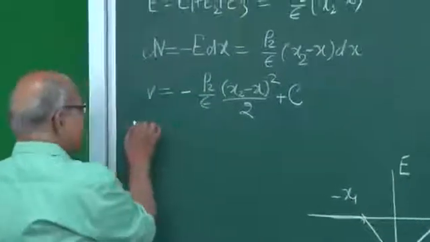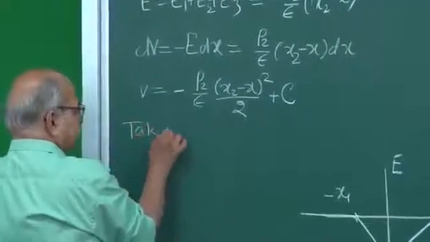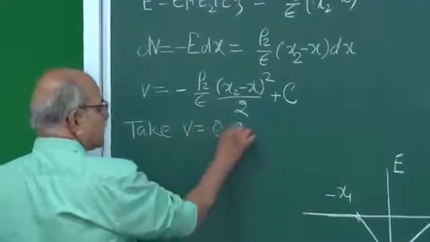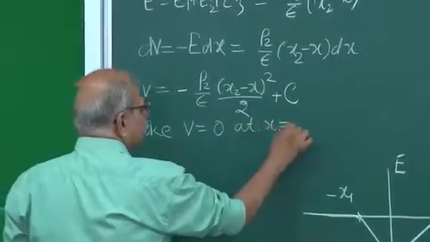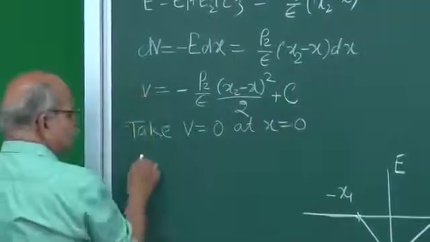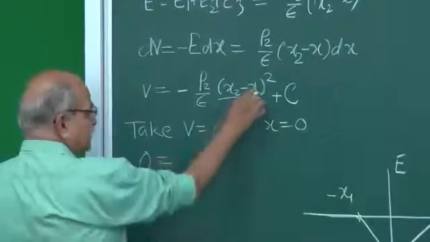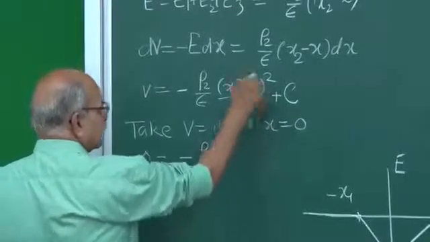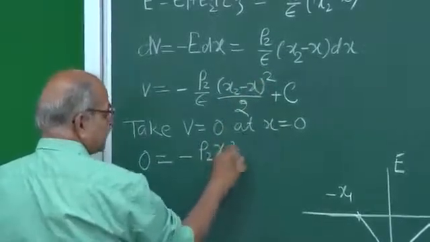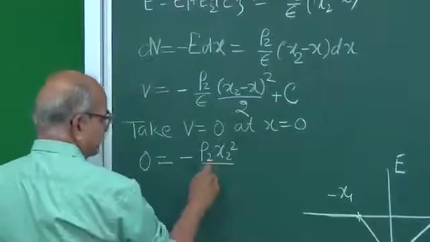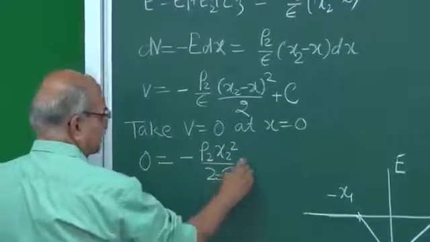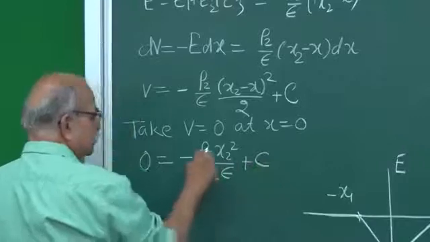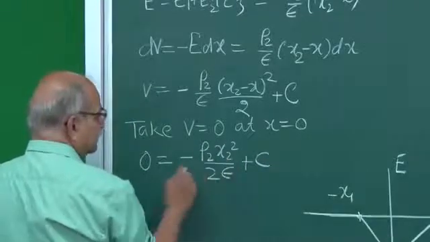So, take V equal to 0 at x equal to 0, and then you get 0 is equal to minus rho 2, x is 0, so x2 square divided by 2 epsilon, plus c. So, c is rho 2 x2 square by 2 epsilon.